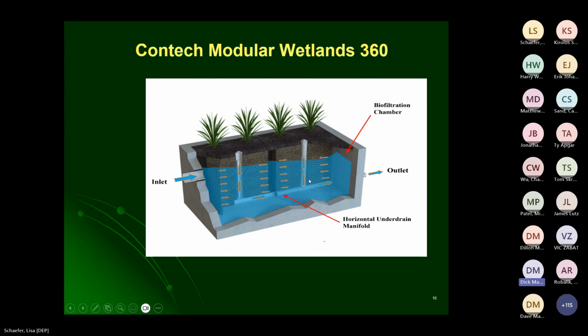When you reach a certain height, the treated fluid then flows down to that center pipe into an outlet pipe, into first of all, a horizontal underdrain manifold, and then to the outlet. And again, it's a filter, it's in a vault system. In this case here, obviously, the inlet and outlet do not have to be in the same location, because the mechanism is occurring through those cartridges in the center. Next slide.